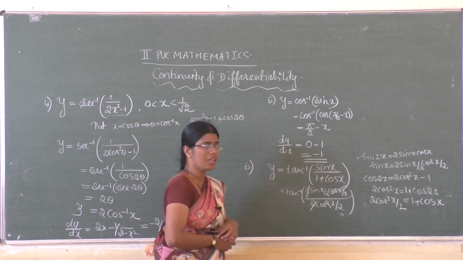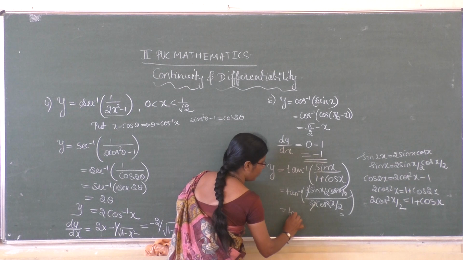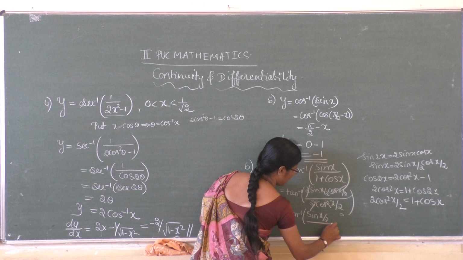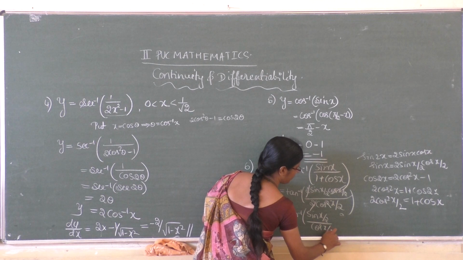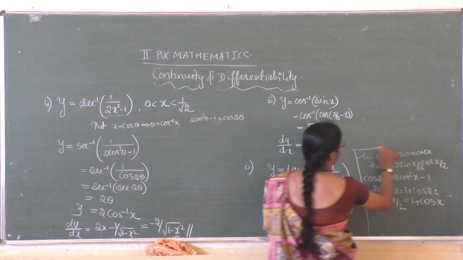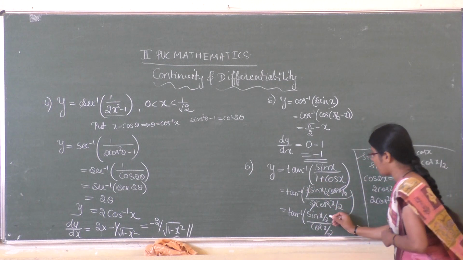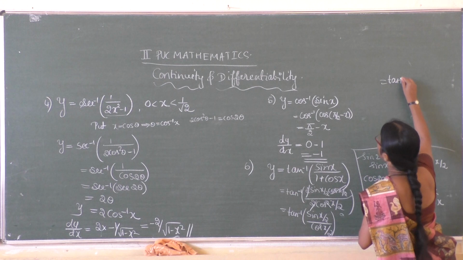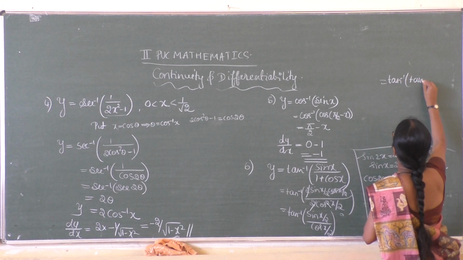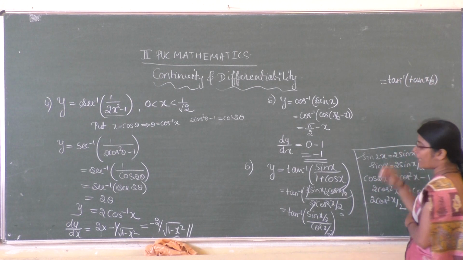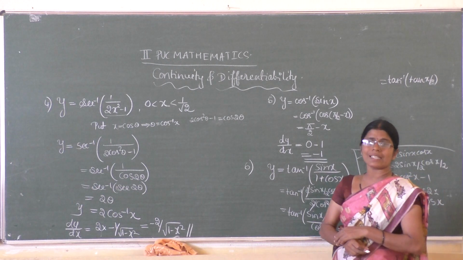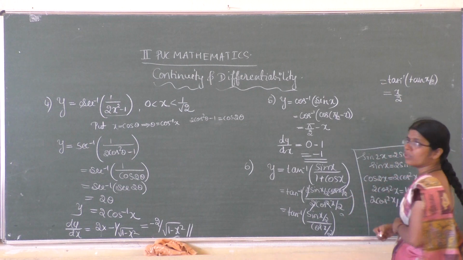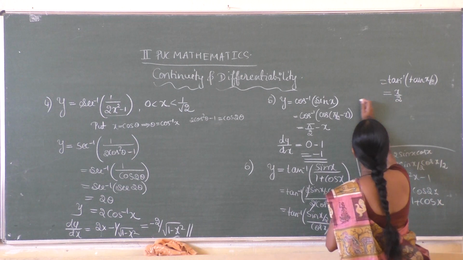So here we get tan inverse of sin x by 2 divided by cos x by 2, that equals tan inverse of tan x by 2, since sin by cos is tan. So tan inverse of tan x by 2 equals x by 2.